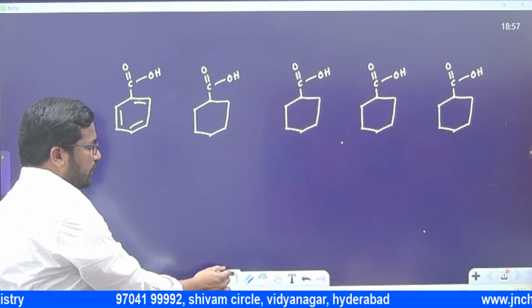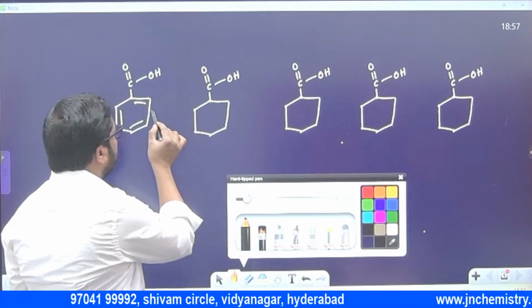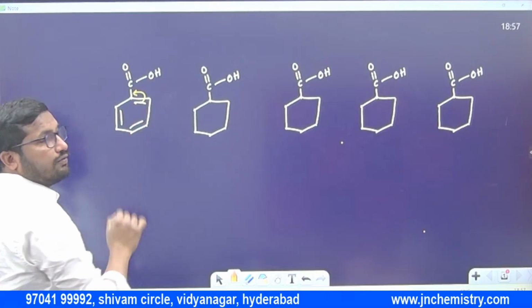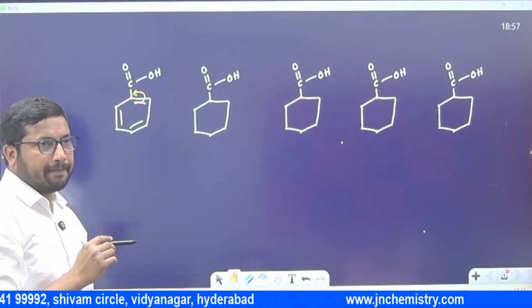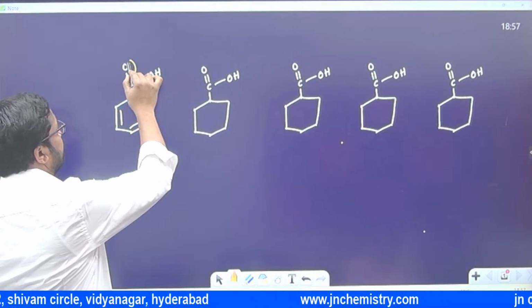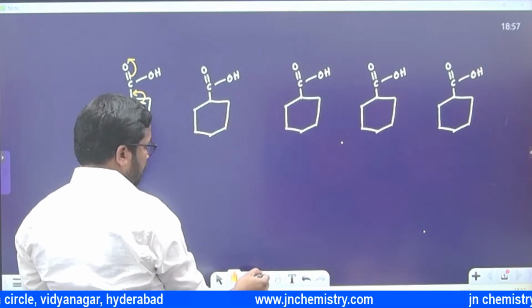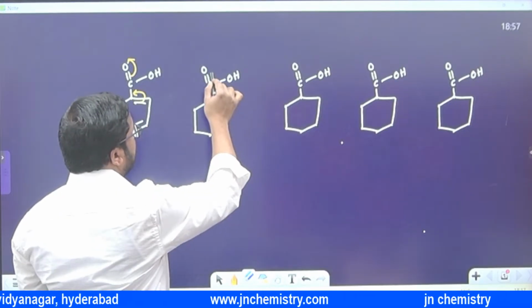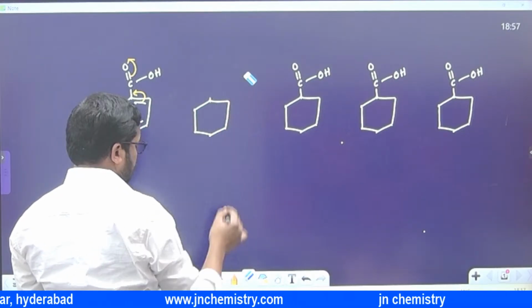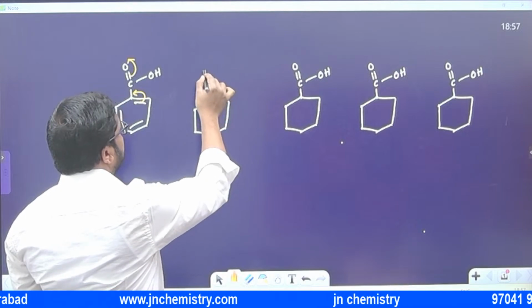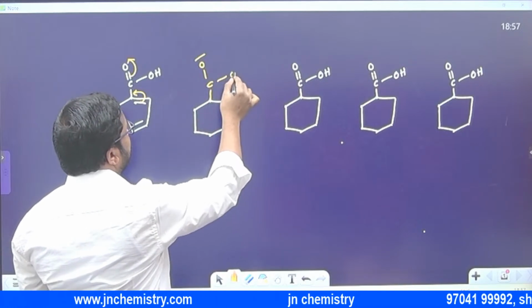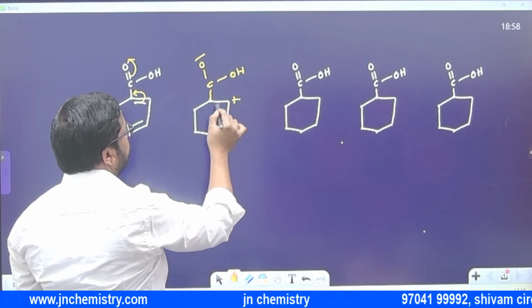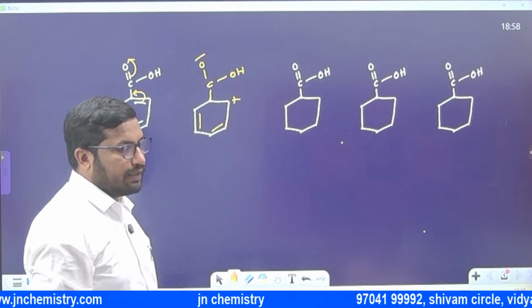This is an electron withdrawing group, so it is taking electrons from the benzene ring. Yesterday I explained, right? So what exactly happens in this case? COOH, the positive charge is coming down. Write it down.